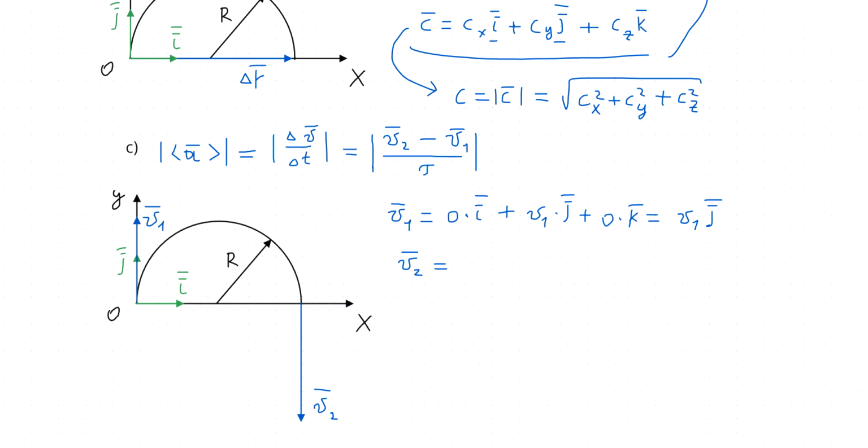So it must be 0 multiplied by i plus v2 j plus 0 k, equal to v2 j or minus v2 j, because the direction is reversed.